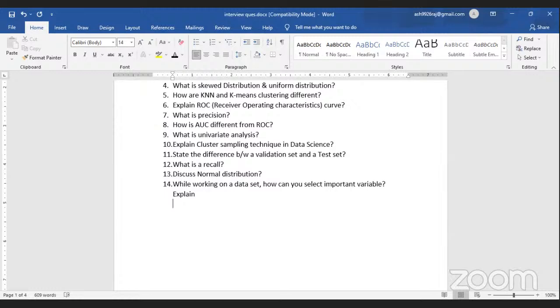While working on a data set, there are the following methods of variable selection we can use. First, remove the correlated variables before selecting important variables.